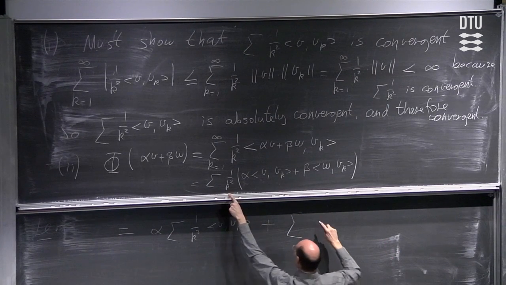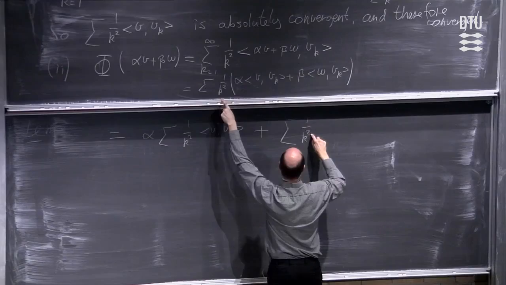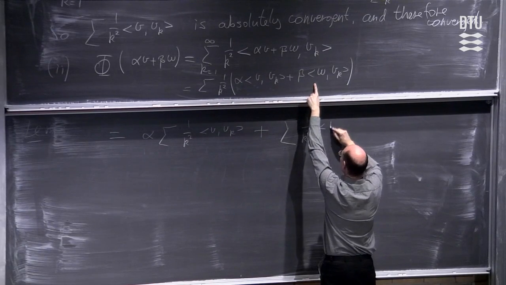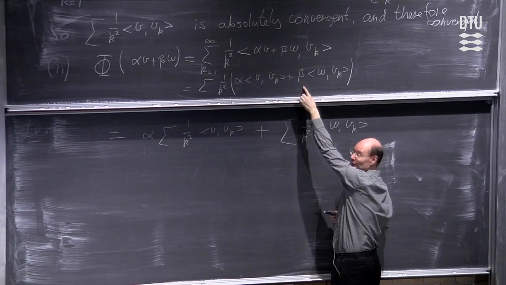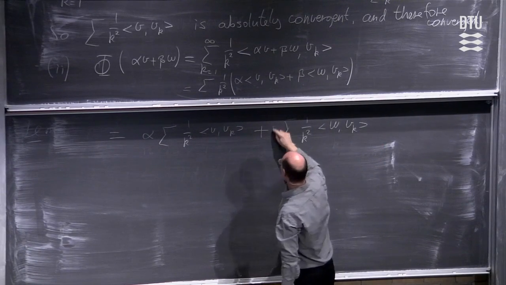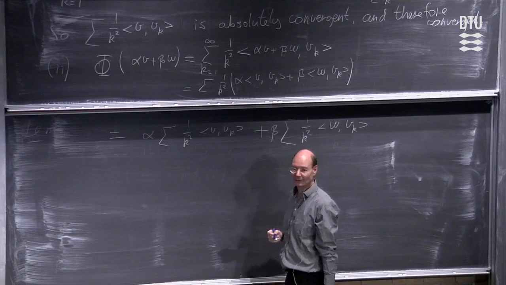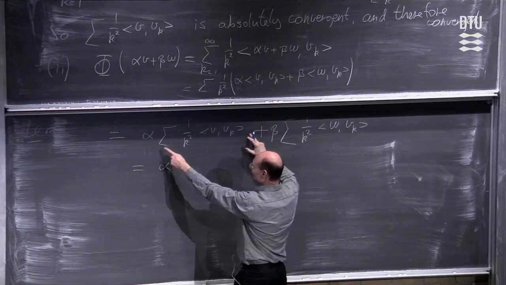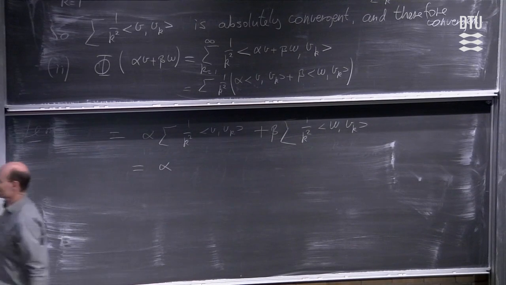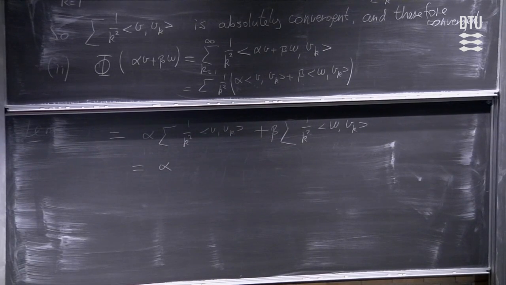So here we get 1 divided by k to the power 2, which has to be multiplied with the inner product of w and vk. And there's a factor of beta, which is constant, so we can take it out. So we put it here. And if you look at this, you'll see this is exactly alpha times what we have here. This is phi of v.